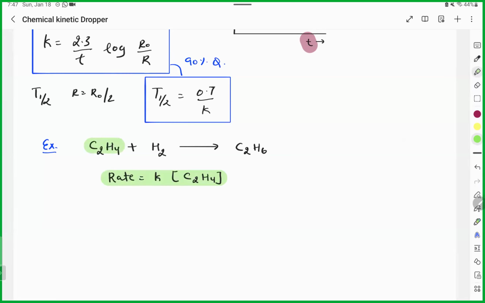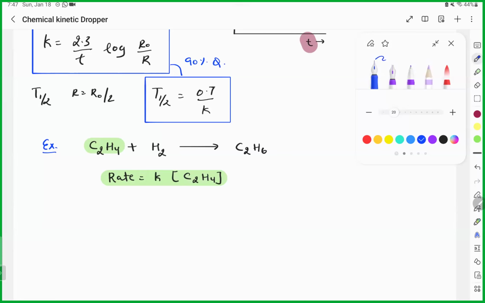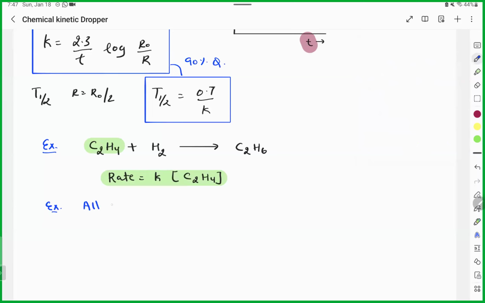So it is a first order reaction, and you need to know the examples of first order reactions. Other than that, any radioactive decay, whether natural or artificial, follows first order kinetics.